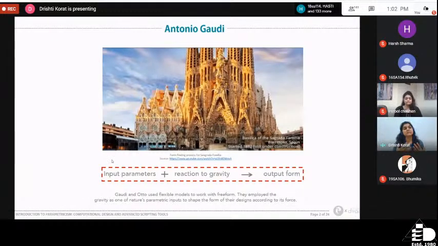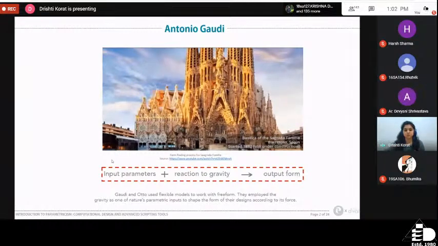He used this same effect of gravity, which is a constant across the world, to derive his outputs. So his inputs were these flexible threads, and using gravity he was able to find different forms using this method.